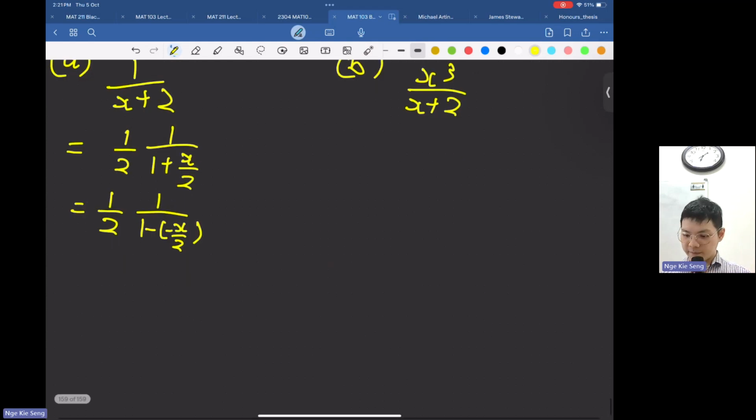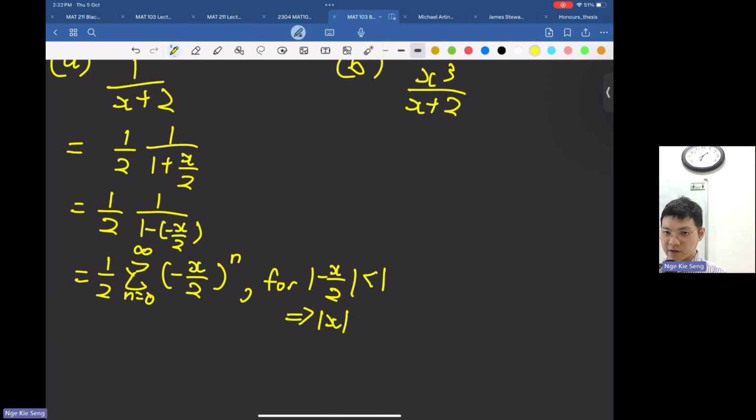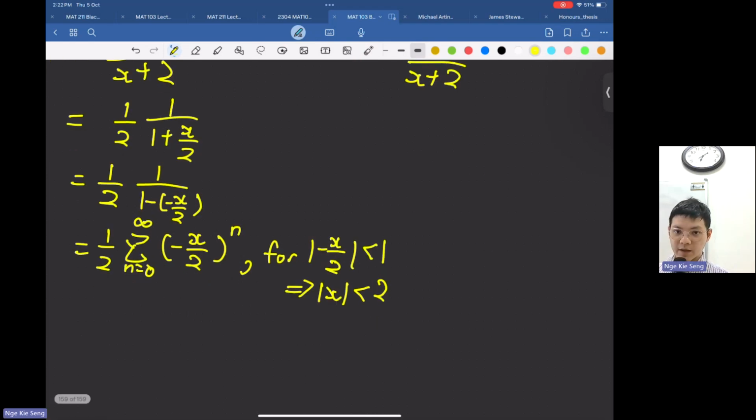From here we do the same expansion, substituting minus x over 2 to the power n. This is only true when the variable is less than 1, so the absolute value of minus x over 2 is less than 1. This implies the absolute value of x has to be less than 2. Altogether, we can write it in this form: minus x to the power n over 2 to the n plus 1.